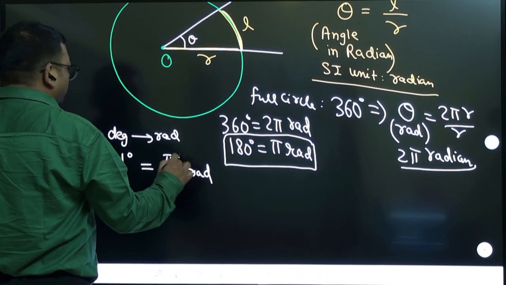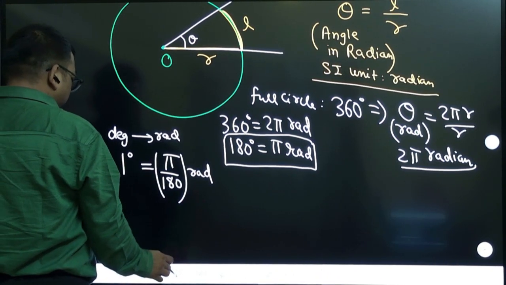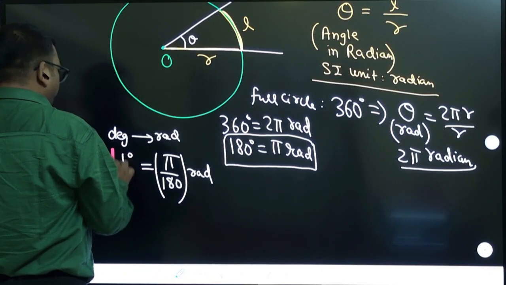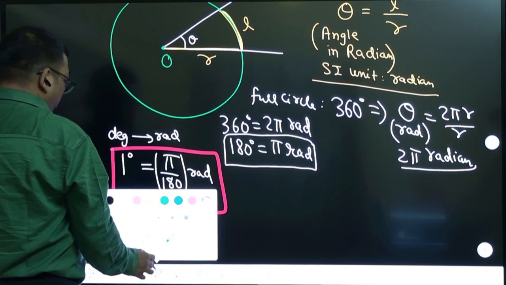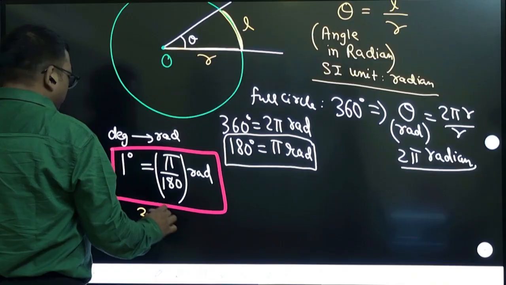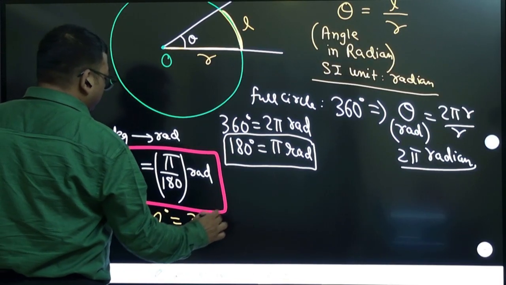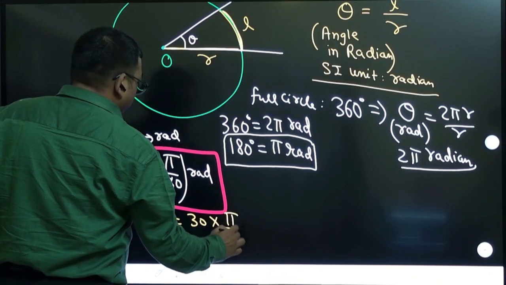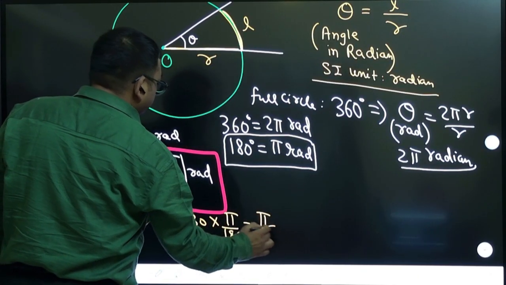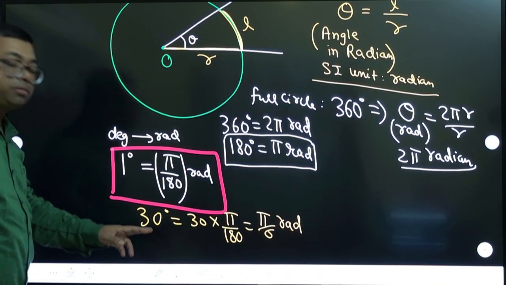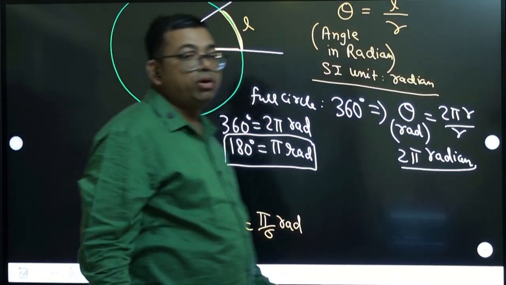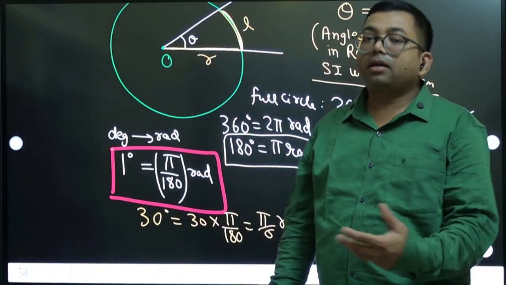So we need to multiply the angle in degrees by this factor pi by 180. For example, what is 30 degree in radian? 30 into pi by 180 becomes pi by 6 radian. So to convert degree to radian, multiply by pi by 180.